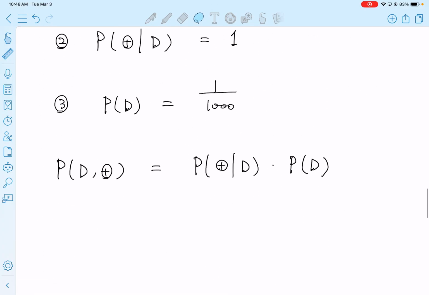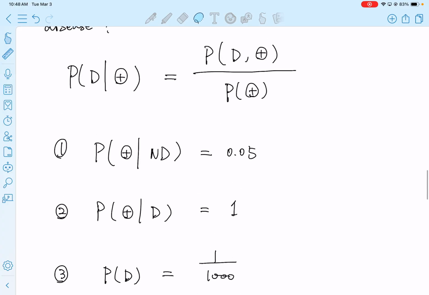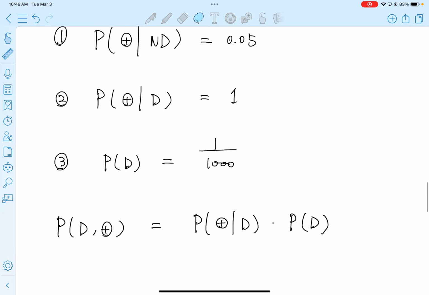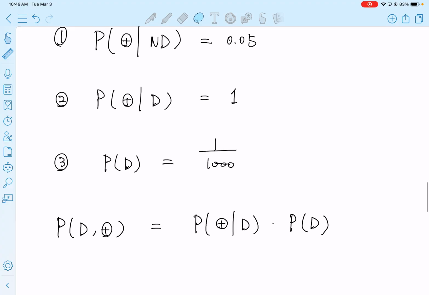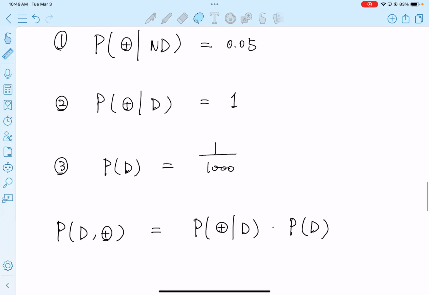Now let's take a look at this numerator. On the numerator, we have another joint. Applying this formula again for the second time, we write the joint is equal to the conditional multiplied by the marginal. This time, we can see that we do have those numbers from the information that we collected here.